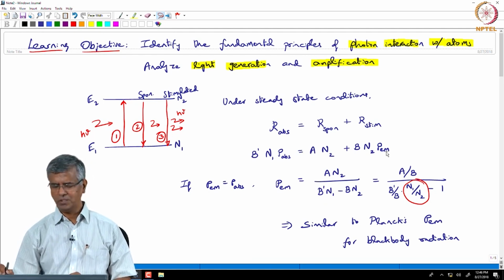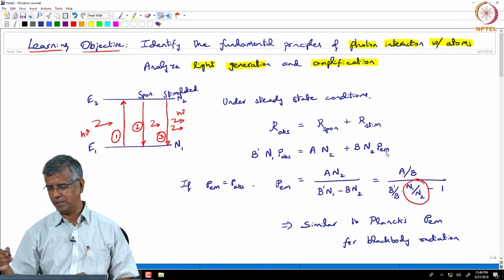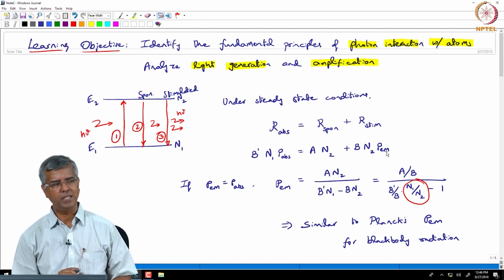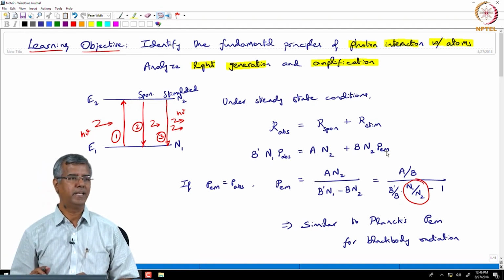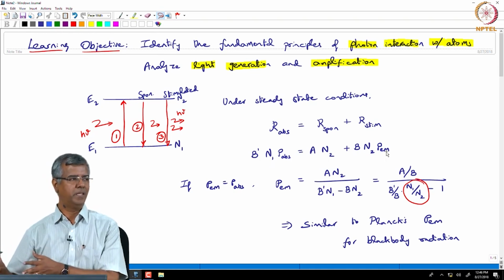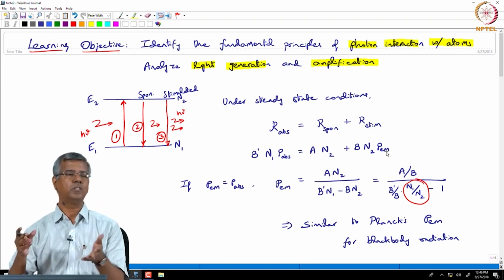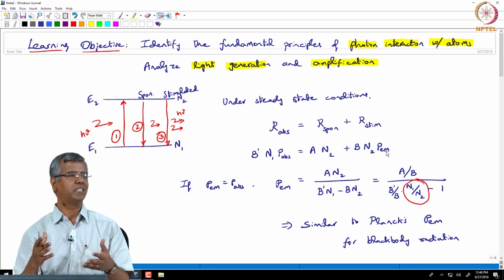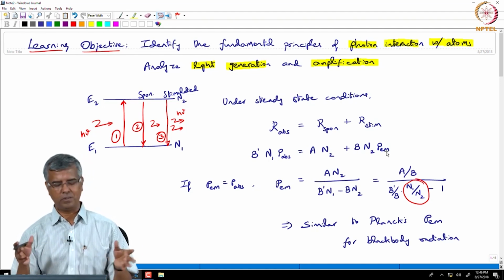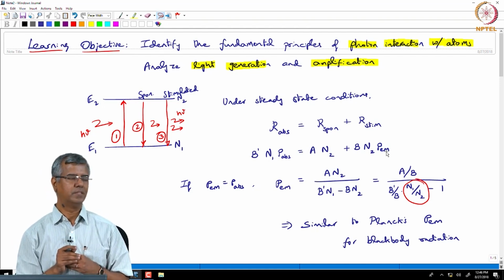Okay. So, if rho em, the probability density of emission, is high, then you can say stimulated emission would be the dominant mechanism, which is what you may want when you are amplifying something, right, or when you are building a laser, right.